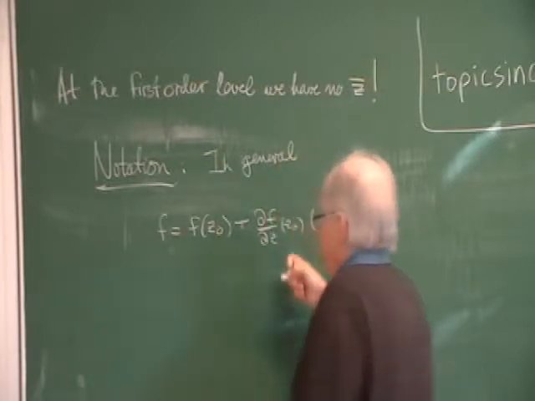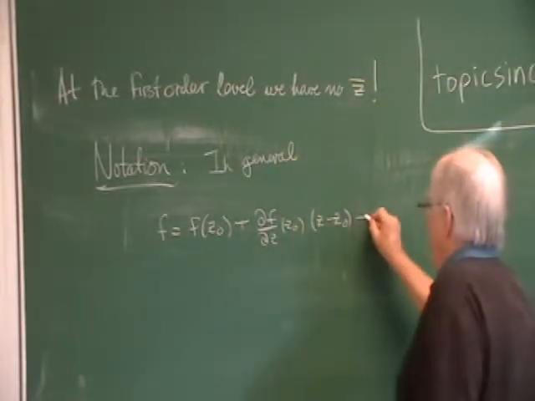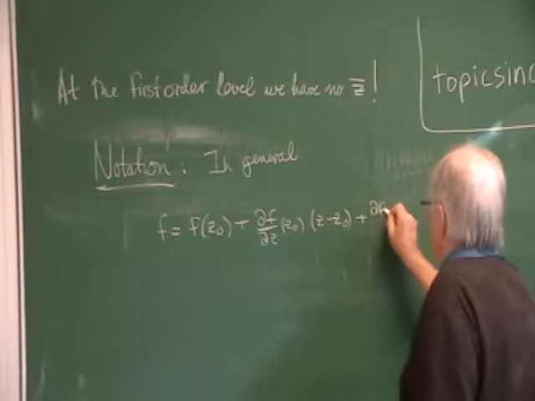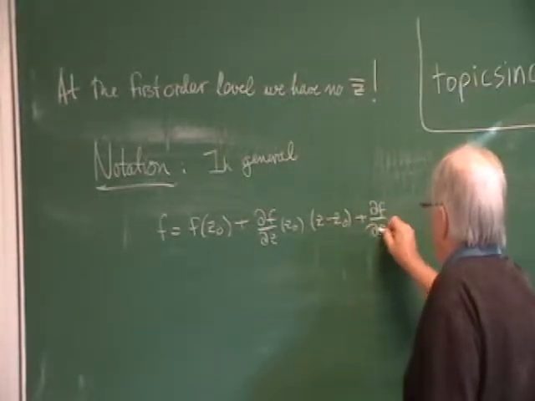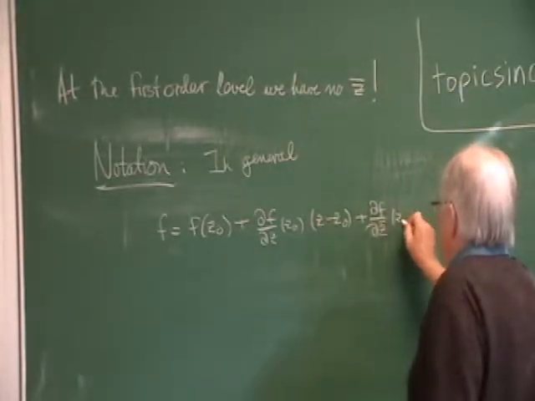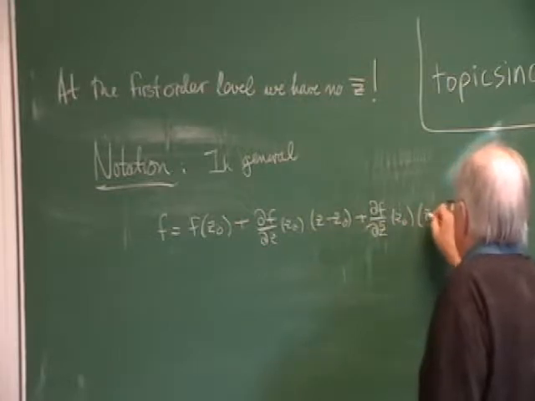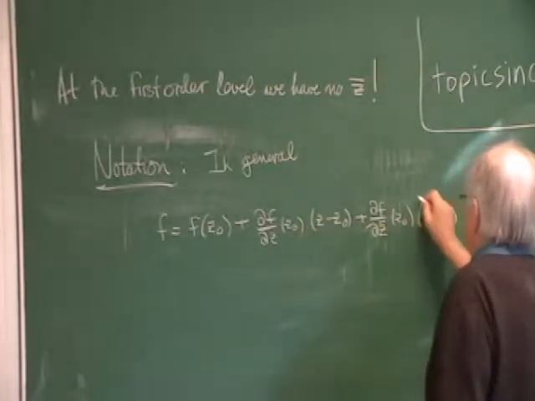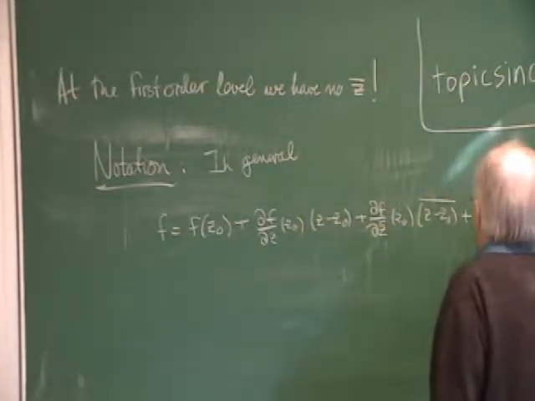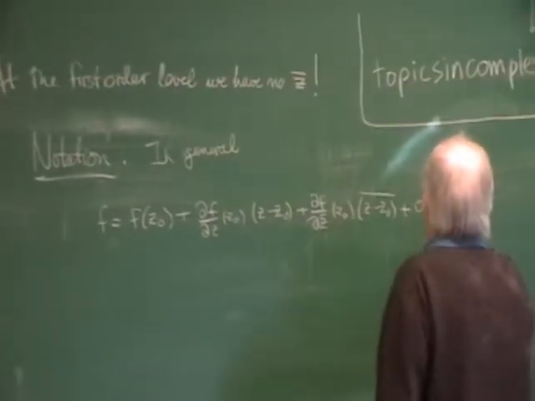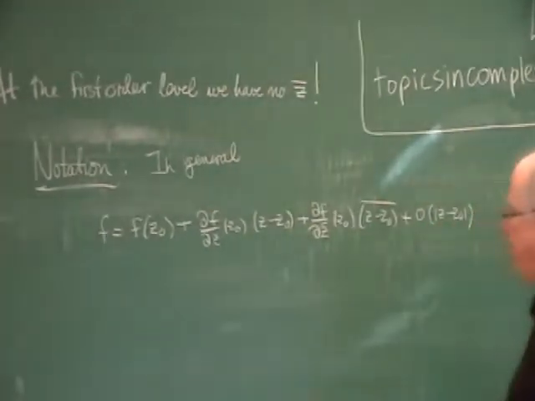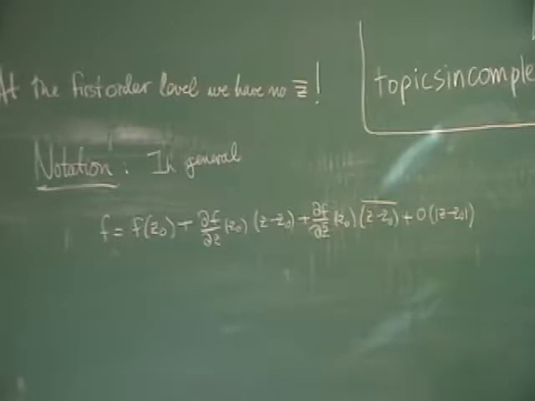That's the definition of this partial derivative, plus partial derivative of f with respect to z bar at z0 times z minus z0 bar plus a small term. So that's the way you write a general differentiable function, just as notation.